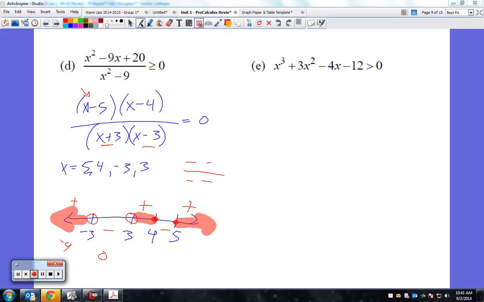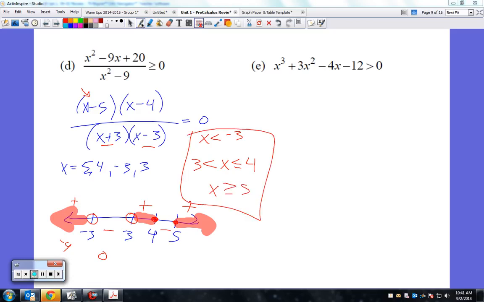Are you still working? Let's go with Travis. X is less than negative 2. Perfect. 3 is less than x less than or equal to 4. Perfect. And then x is greater than or equal to 5. Like a champ. There you go.